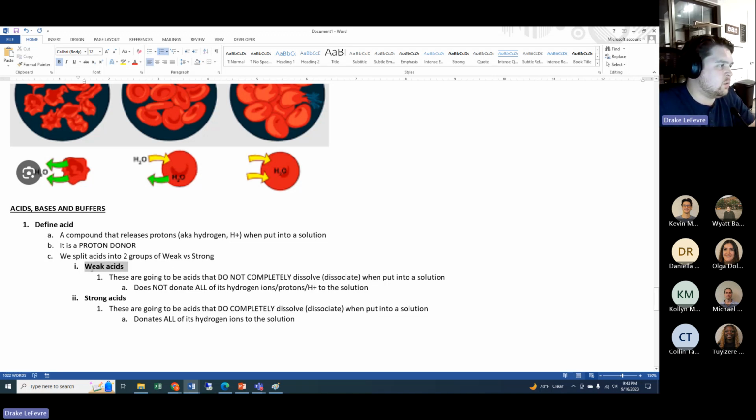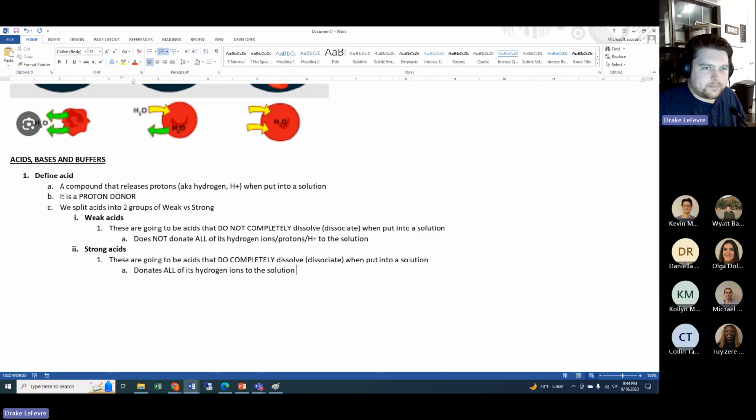It's thanks to these weak acids that, for example, carbon dioxide that gets produced in our muscles can be taken out of the muscles, put into the blood, and travel through the blood all the way to the lungs, and then be released from the blood into the lungs for us to breathe out. Without these specific acids in the buffer systems, our body would not be able to function properly.